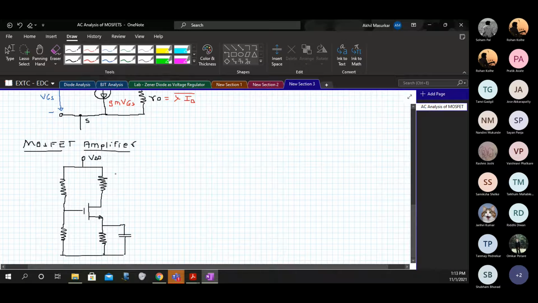Now in the MOS circuits, instead of VCC we just write VDD.